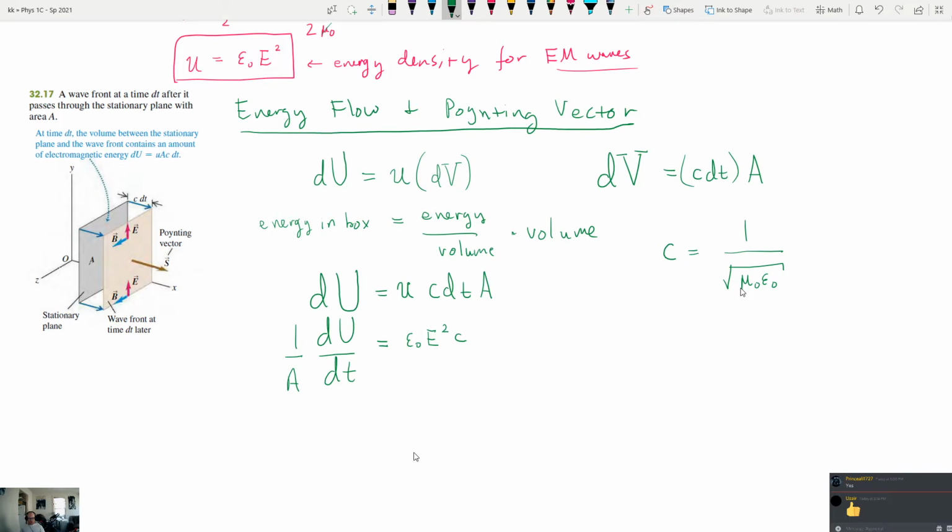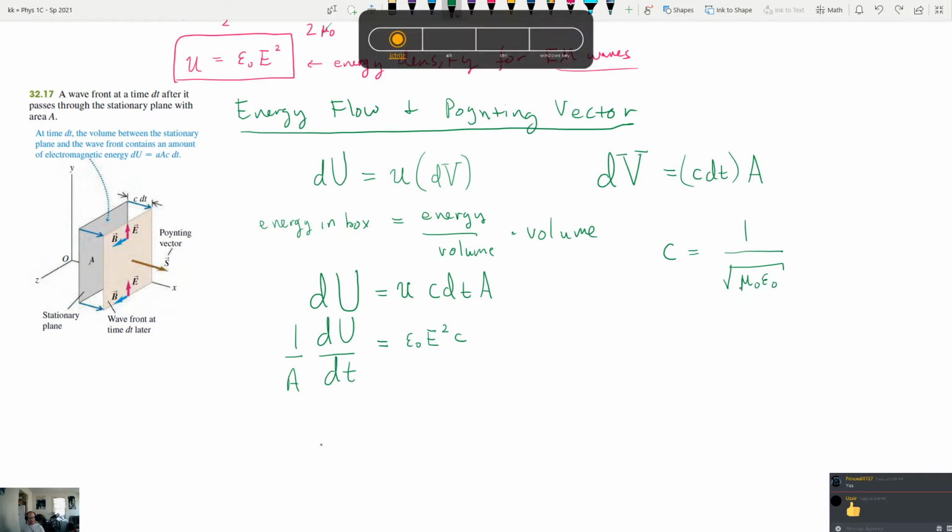I think we want mu naught to show up in the denominator here. So we're going to eliminate epsilon naught in favor of c and mu naught. Is that what we're doing? Oh, that's because we need another equation.